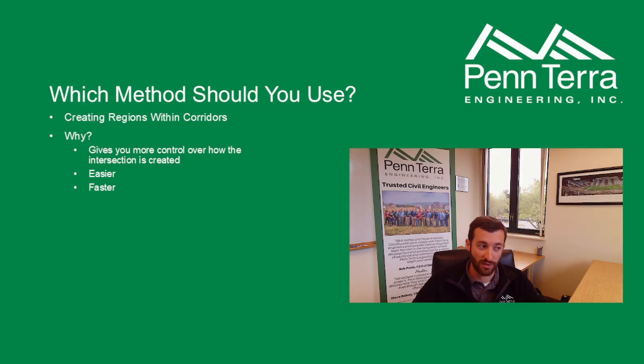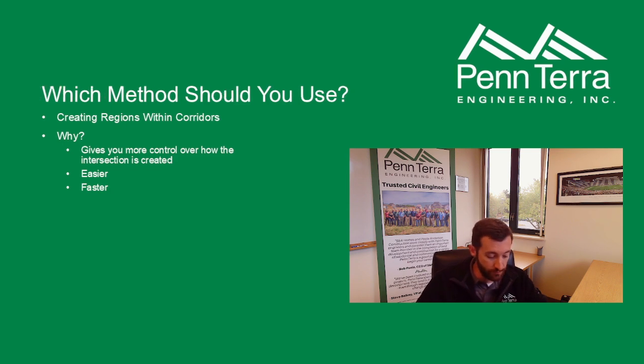Another thing with the wizard is that you need to have a lot of assemblies pre-configured, which I'll show when we get into the example. But whenever you do corridor regions, you can control which ones you use and which ones you need. And again, we'll get into that.